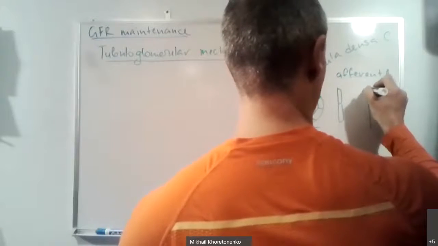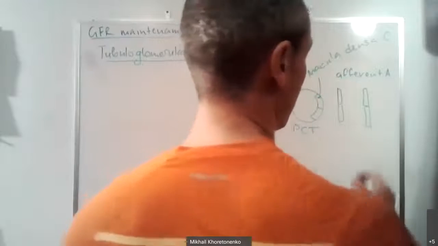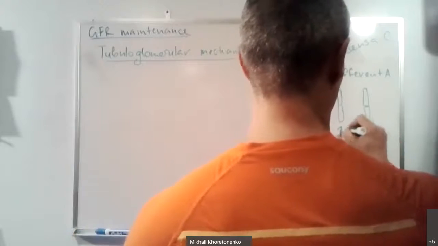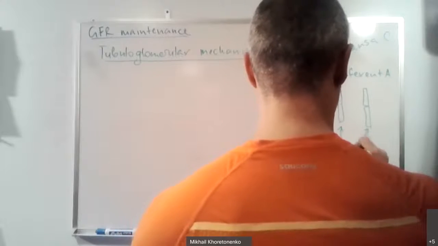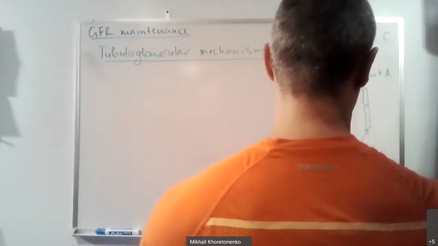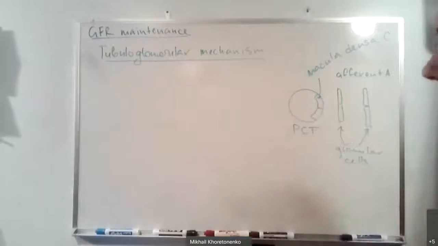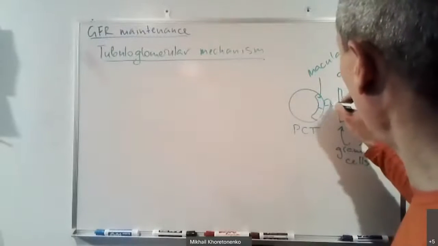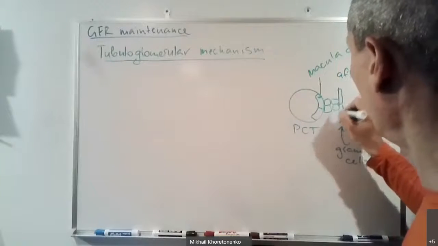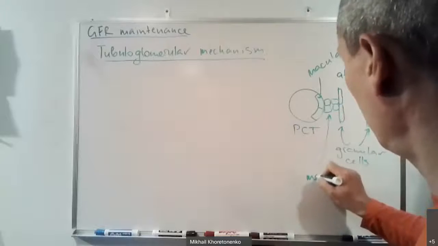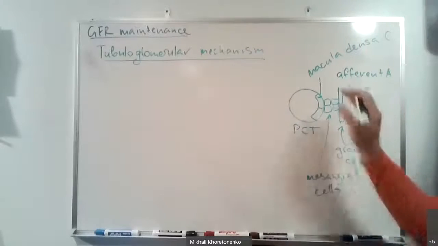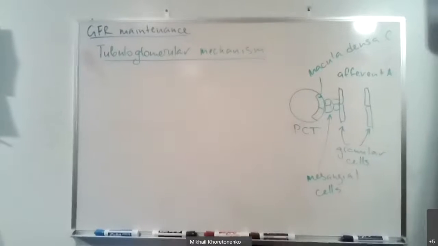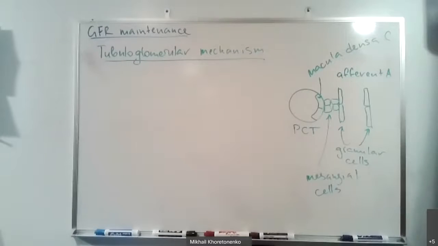In the afferent arteriole, we have special cells. They're smooth muscle cells, not all of them, but some of them, called granular cells or juxtaglomerular cells. And here in between, there are mesangial cells.